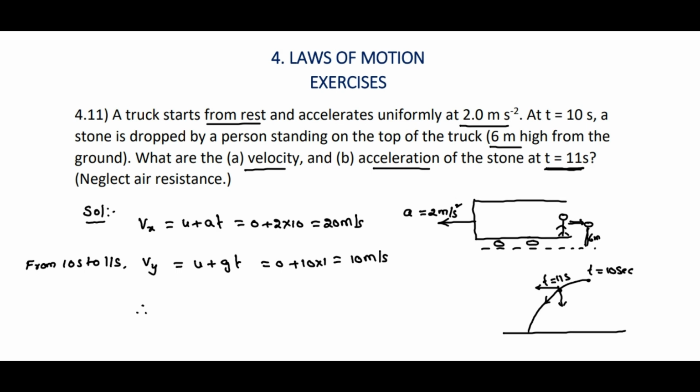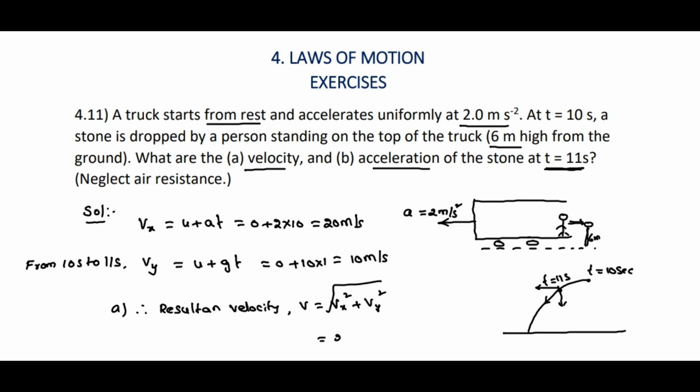Therefore, for question A, the resultant velocity we can take as V equal to square root of Vx square plus Vy square.